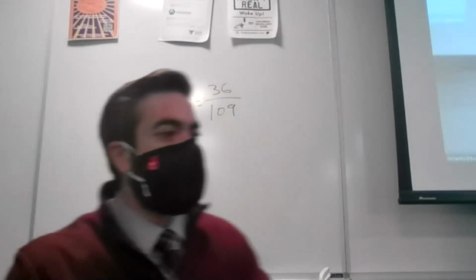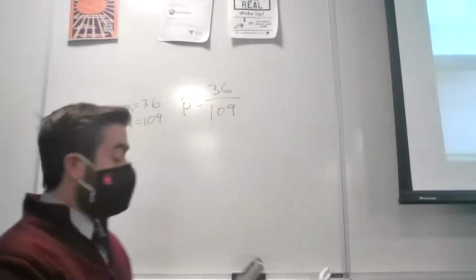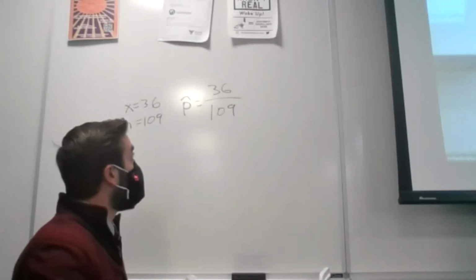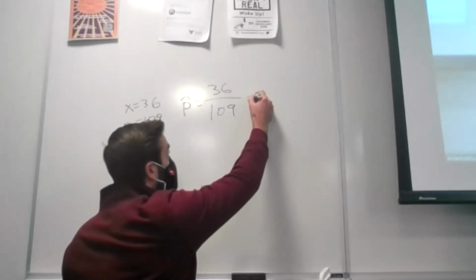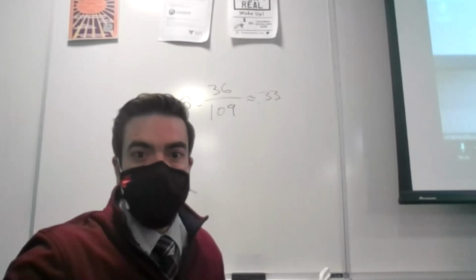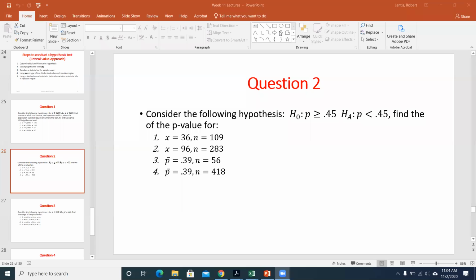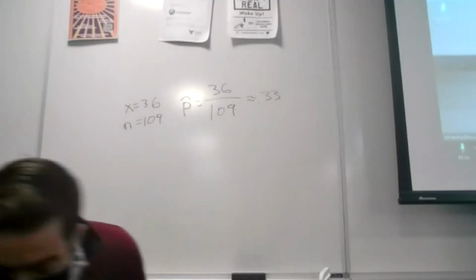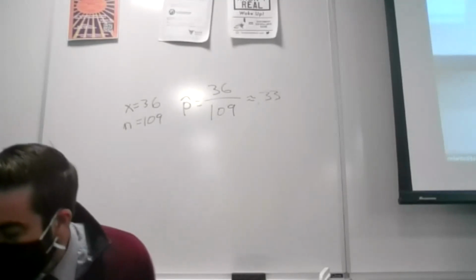So I actually brought my calculator with me today, so I can work along with you. We get about 0.33 here. I guess this is the point where I should make sure that that was 109. Yeah, 109, right? So we've got our sample proportion now of 0.33.